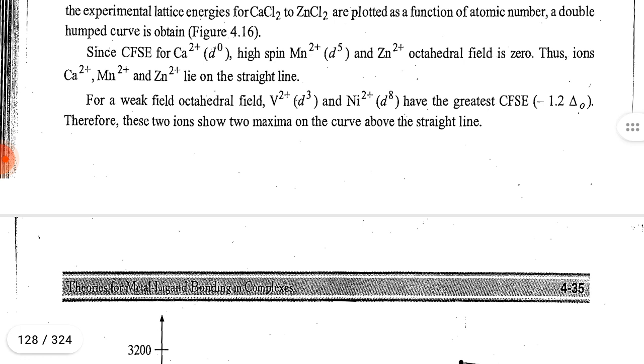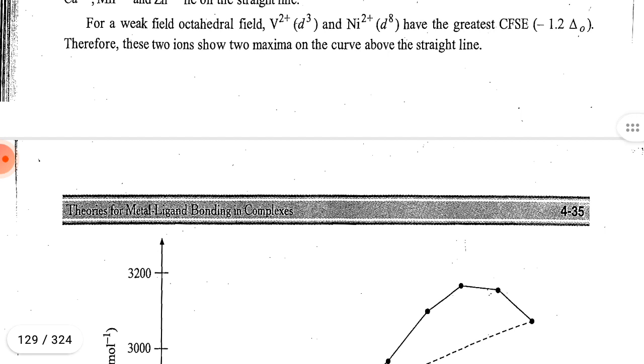Since the CFSE for Ca2+ d0, Mn2+ d5 and Zn2+ d10 in a high-spin octahedral field is 0, the ions Ca2+, Mn2+ and Zn2+ lie on a straight line. For an octahedral field, V2+ d3 and Ni2+ d8 have the greater CFSE, minus 1.2 delta o. Therefore, these two ions show two maxima and the curve lies above the straight line.